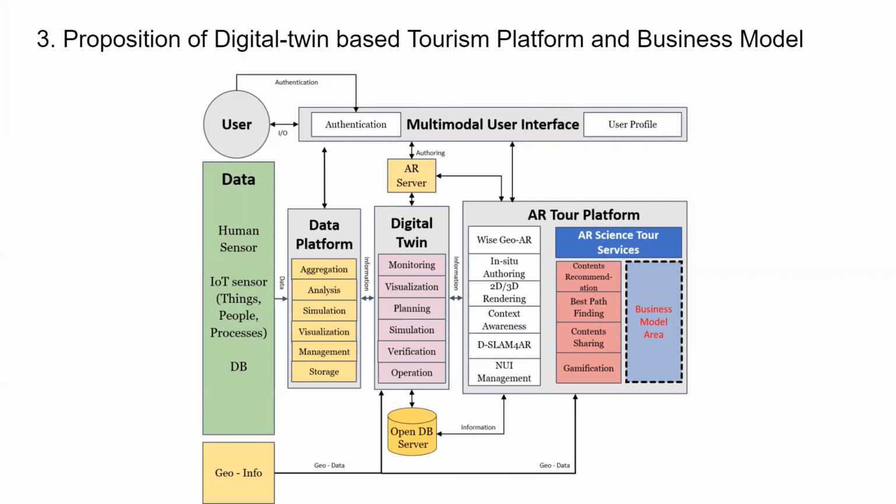In the concept map of digital twin-based AR tourism service in the picture, the data platform obtains data from the mobile devices of tourists, IoT sensors installed at tourist sites, and databases of cultural organizations, and then integrates, analyzes, simulates, visualizes, and manages and saves the data.